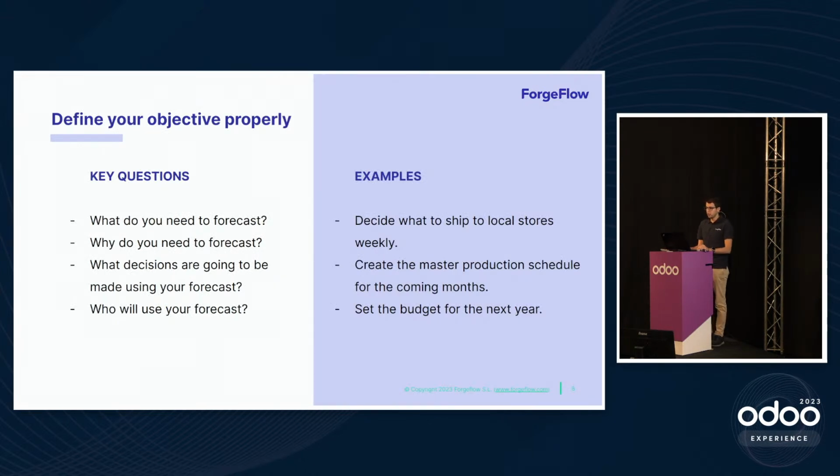When defining the objective, we need to ask ourselves some key questions, and the ability to answer them will define a lot of things. I have here some examples. What do you need to forecast? Why do you need to do so? What decisions are going to be made using that forecast? Who will take those decisions or who will use it? Some examples. Deciding what to ship to local stores weekly.